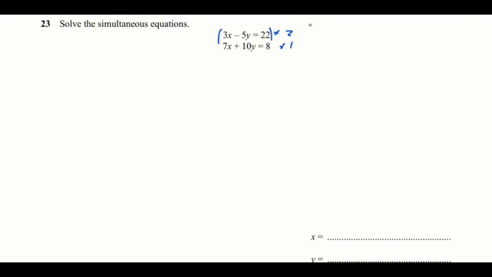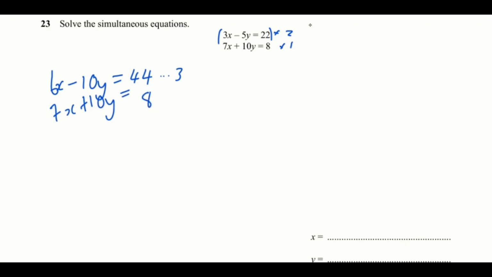If I multiply this whole equation by 2, it becomes 6x minus 10y equals 44. This is my equation 3. This was my equation 1, this one was equation 2. And here it's 7x plus 10y equals 8.